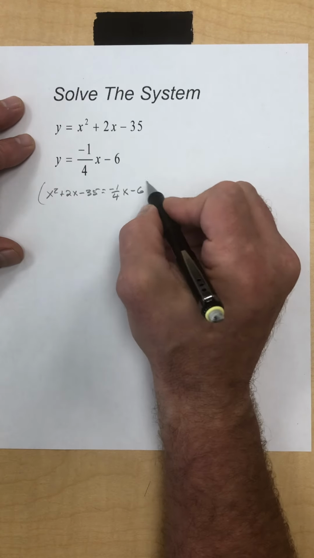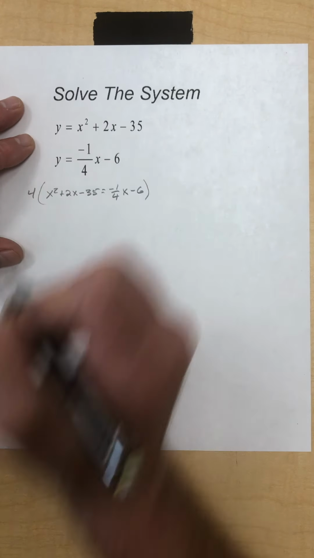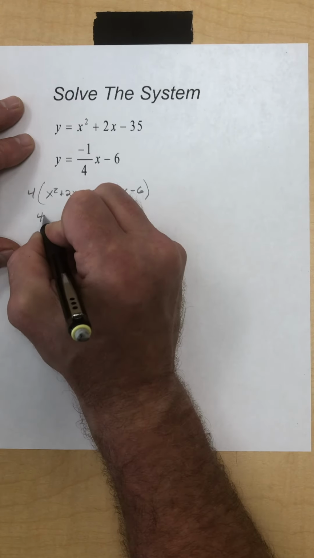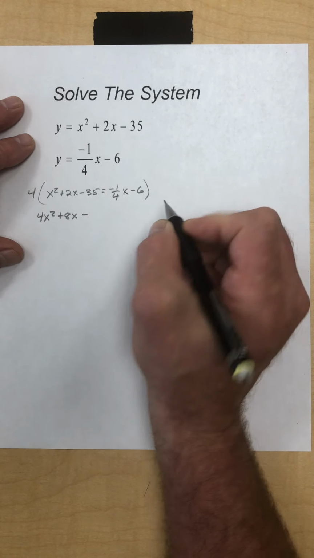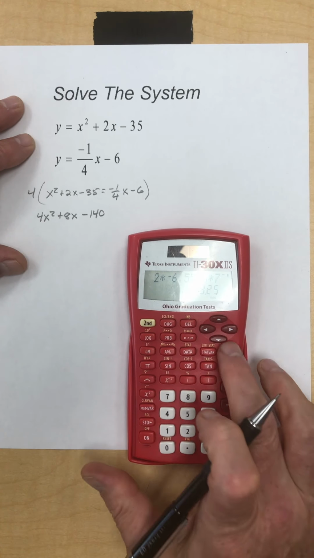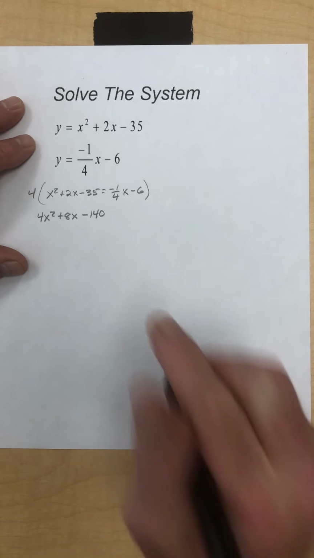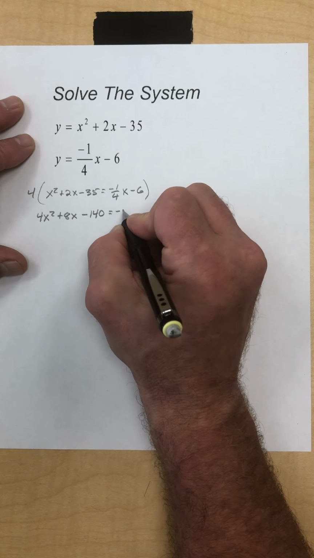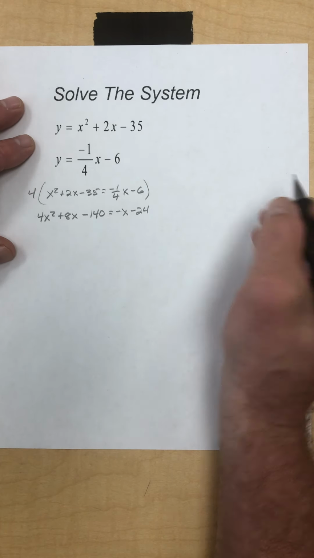And again, I don't want that fraction in there, so I'm going to multiply everything by 4 to get rid of it. So I get 4x squared plus 8x minus, I'm pretty sure that's 140. Okay, I'll check that just to make sure. 4 times 35, yep, we're good, equals negative 1x minus 24. And then we put it in standard form.